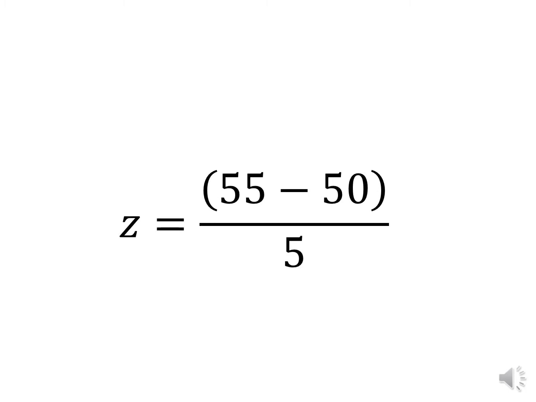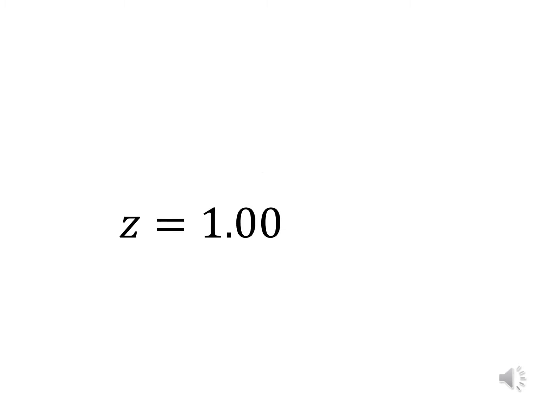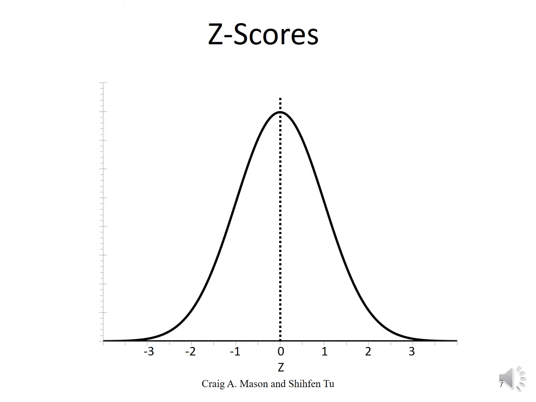The z-score would be 1, indicating that the score was 1 standard deviation above the mean. So, what's the percentage of people who scored below a z-score of 1? Looking at the normal curve, we know that 68.26% of the scores are within 1 standard deviation of the mean, or between a z-score of -1 and +1.